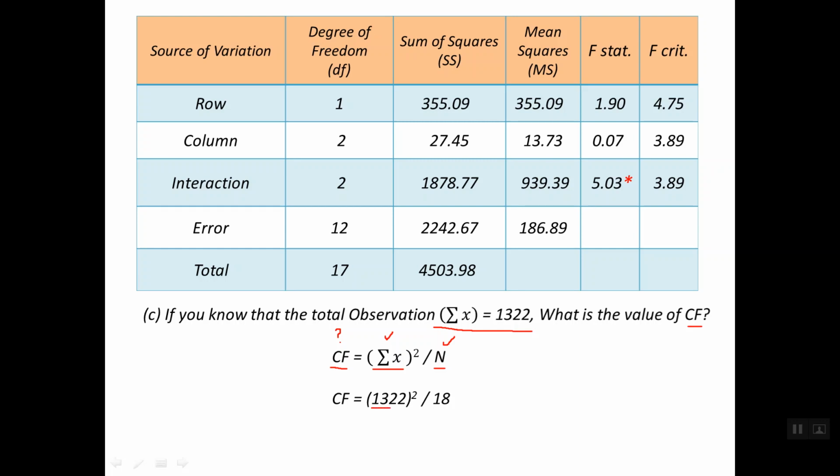So this is the summation of the observations. We square it and divide it by 18, which is the number of the experimental units. So if you proceed, you will get the value of the correction factor.